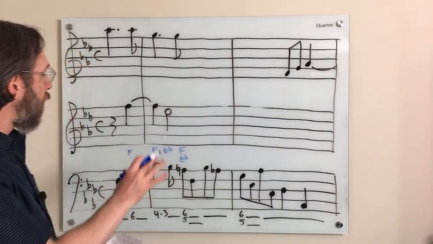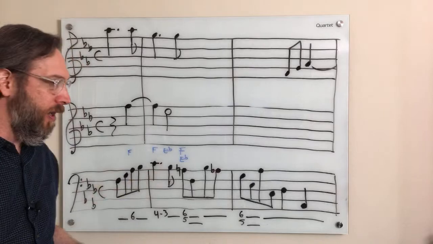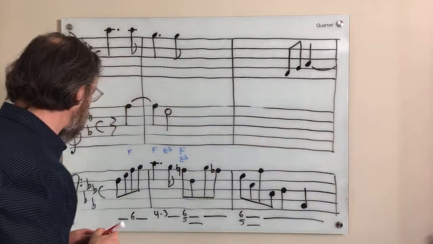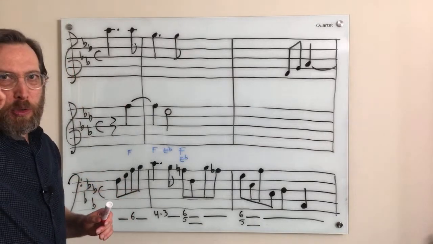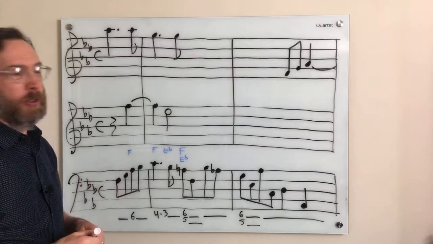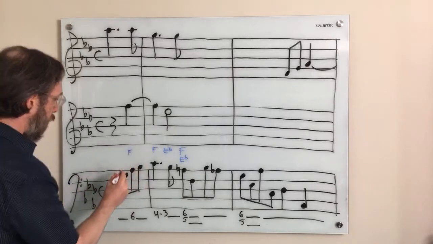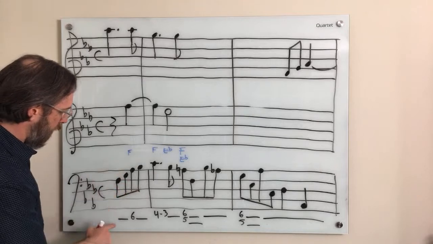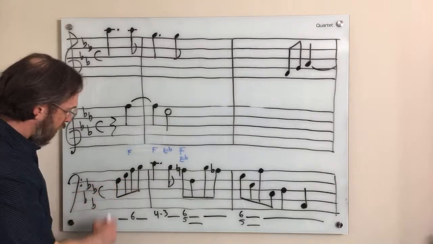As you're moving through this, you should label the non-chord tones. It's not required, but you should be aware of it. It's going to help you in terms of writing something in a similar style. So in this case, we can see F, G. Let me back up one second. We have an F, and there's nothing underneath it.